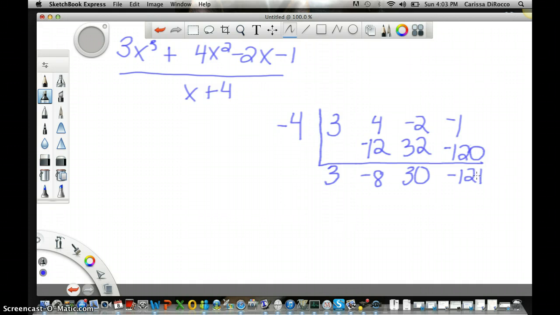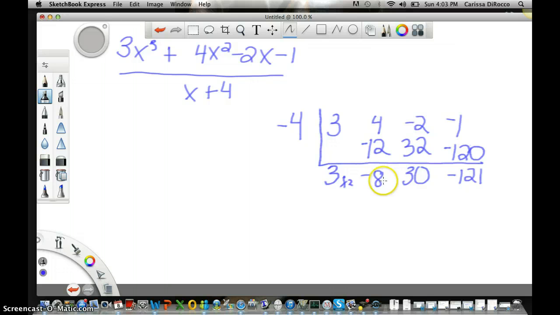Now, if we look at our problem, if we were to divide 3x cubed by x, that would give us an x squared. Therefore, this first number is showing us the coefficient of the x squared. If we were to do the next term, 4x squared divided by an x, that would just simply give us an x.